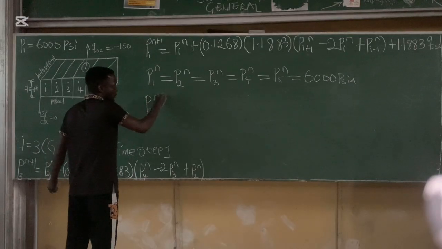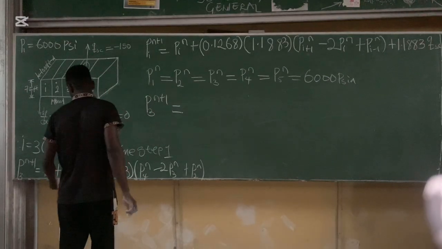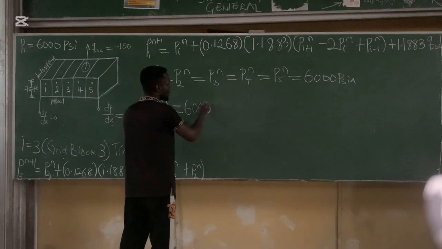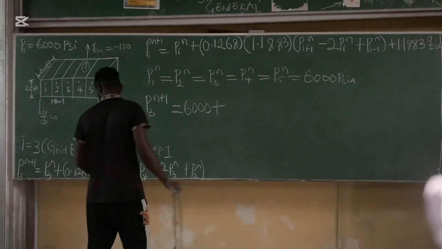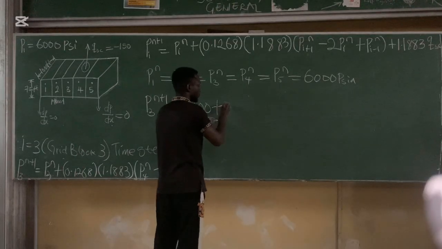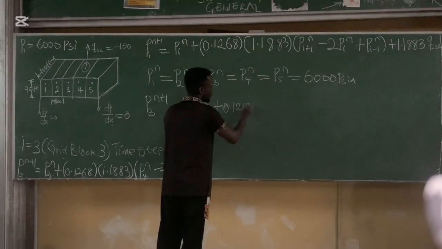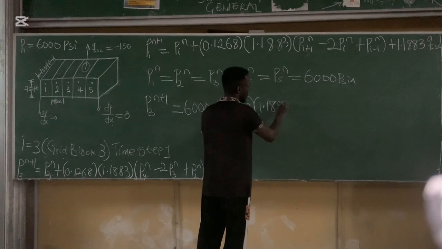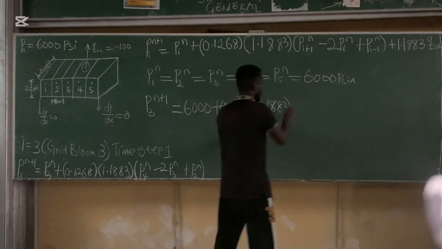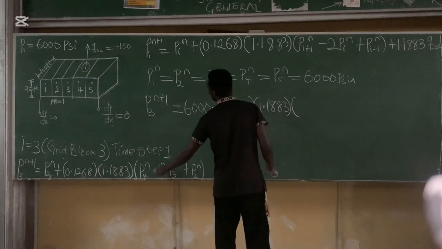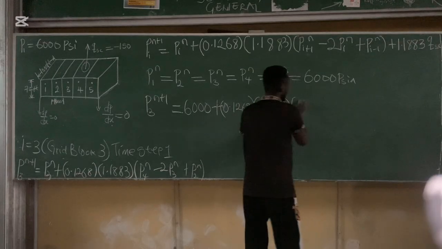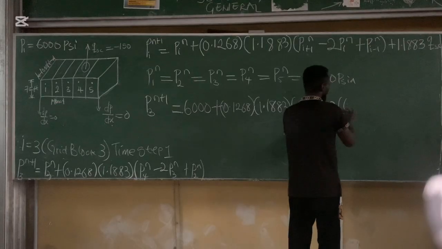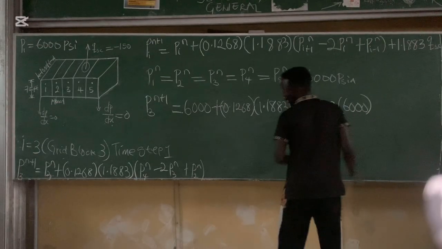If QSC is 0, substitute values of P3, P4, and P2. We are going to have P3^(n+1) equal to P3 initial, which will still give us 6,000, plus 0.1268 into 1.1883 into, what is P4? P4 is 6,000, minus 2 into 6,000, that's P3.